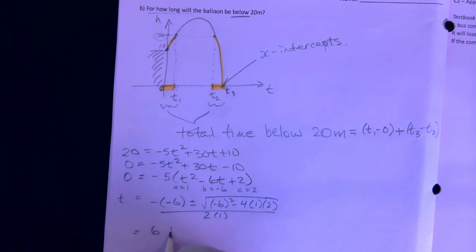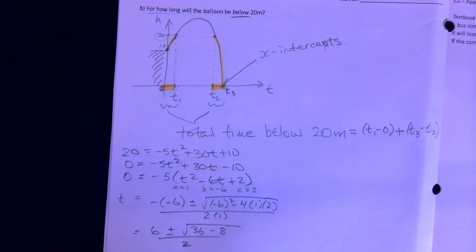Okay, so we get 6 plus or minus 36 minus 8 over 2, which is 6 plus or minus root 28 over 2. I'm definitely going to get 2 answers from this because I can take the square root of 28. Yes, it's a decimal, but that's okay. Let's round it to 5.3. And therefore, I do get 2 answers.